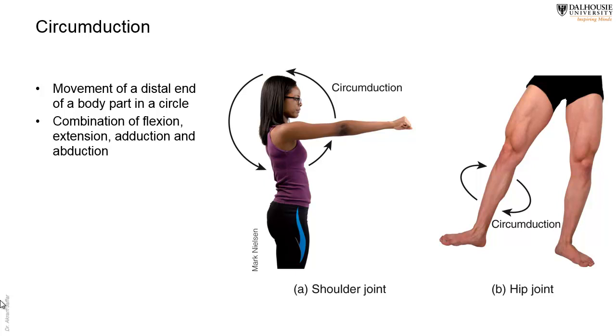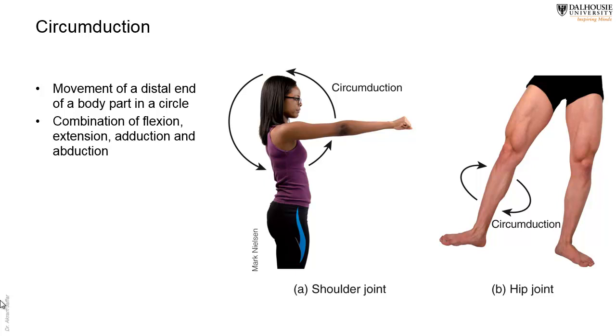So it's something like that, where you are drawing a cone in space. That's a circumduction. Let's take the shoulder as an example. It's a combination of flexion, abduction, extension, and adduction. And then we repeat. So it's not a movement by itself, but it's a combination of these movements.